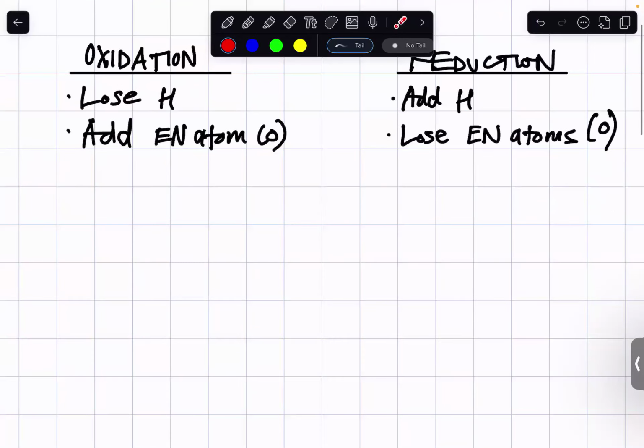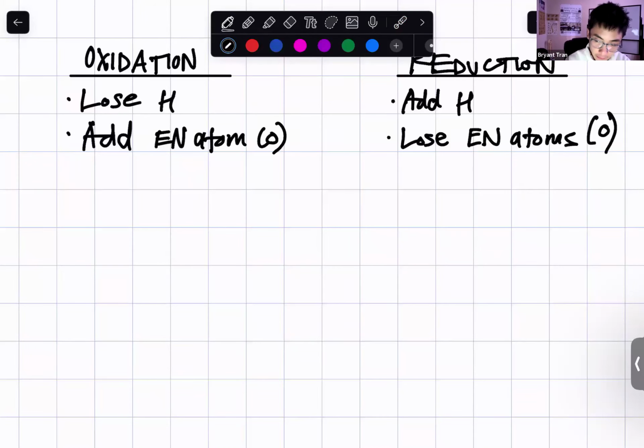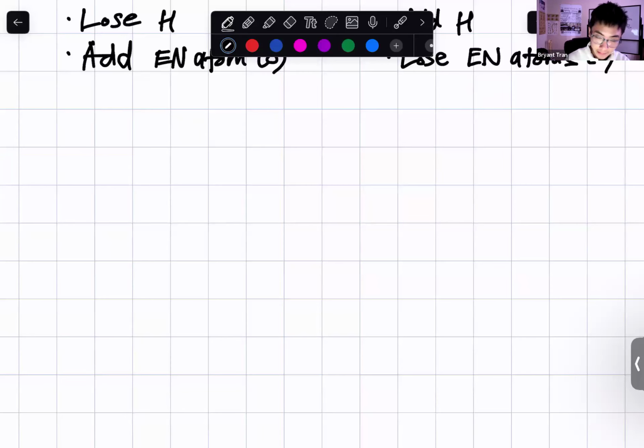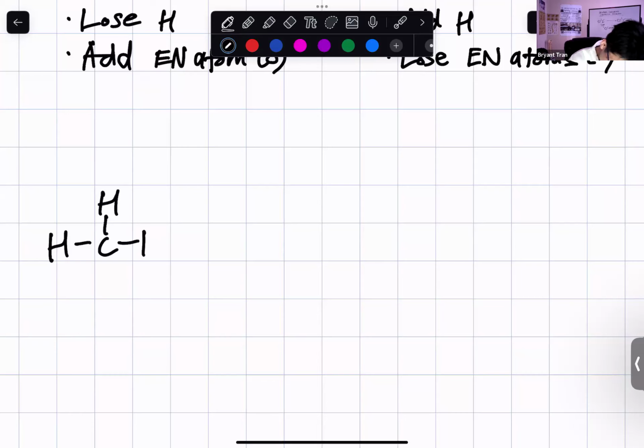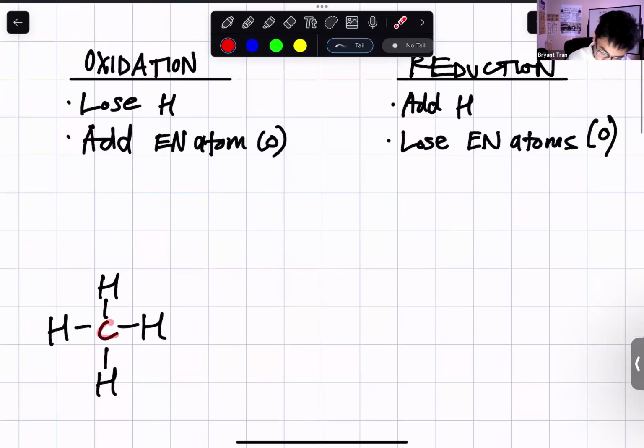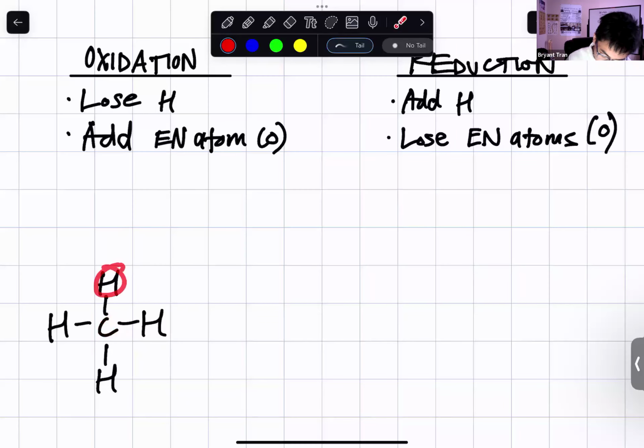So I'm going to make a chart here showing the most oxidized organic compound to the least oxidized, or vice versa, the most reduced to the least reduced. We start with methane, CH4, where this carbon, because it has four bonds to hydrogen, is the most reduced organic compound.